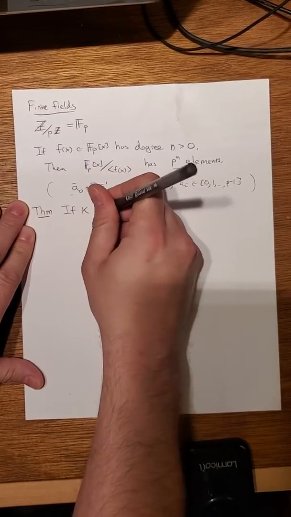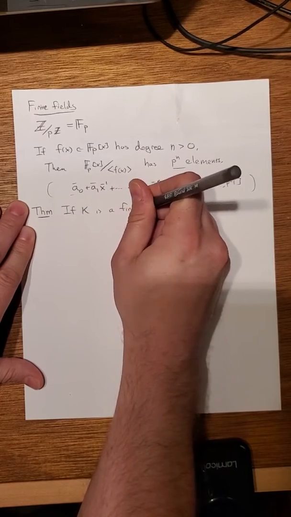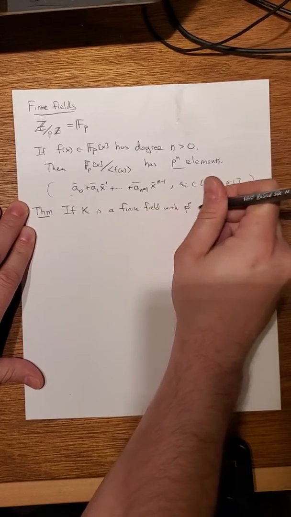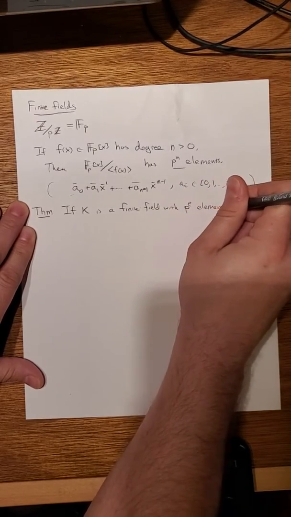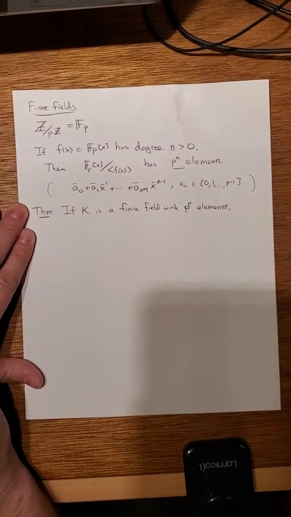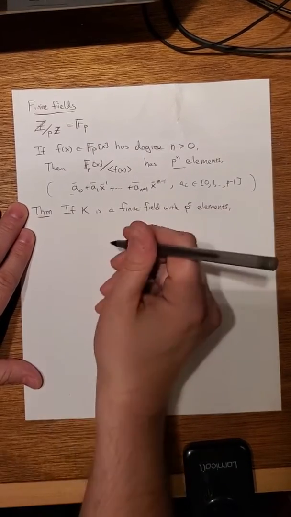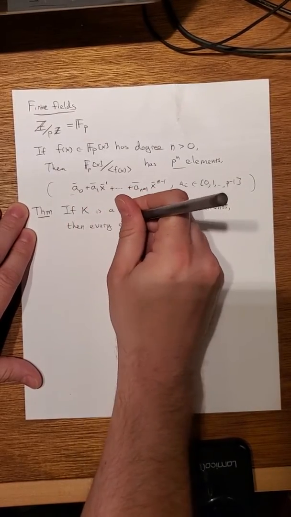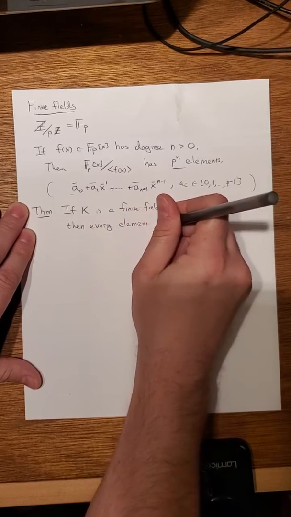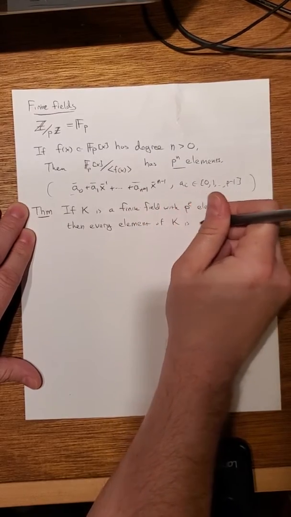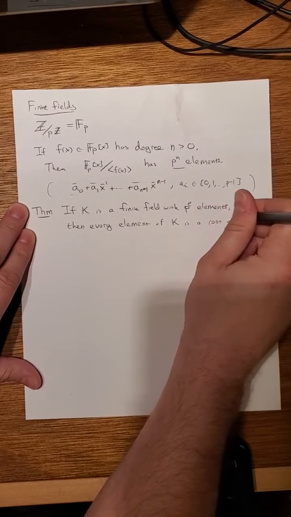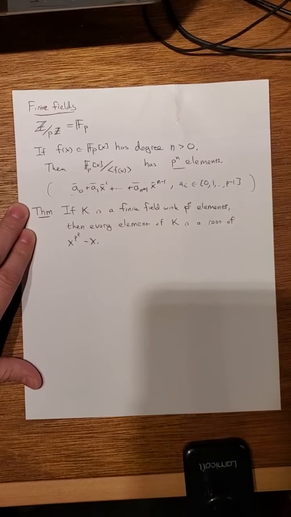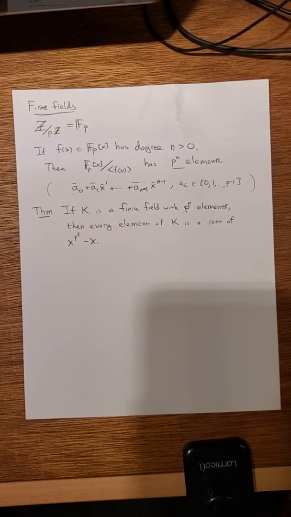If K is a finite field with p to the e elements, e is going to be an exponent, good letter for exponent, then every element of K is a root of x to the p to the e minus x. That's kind of crazy when you first think about it.